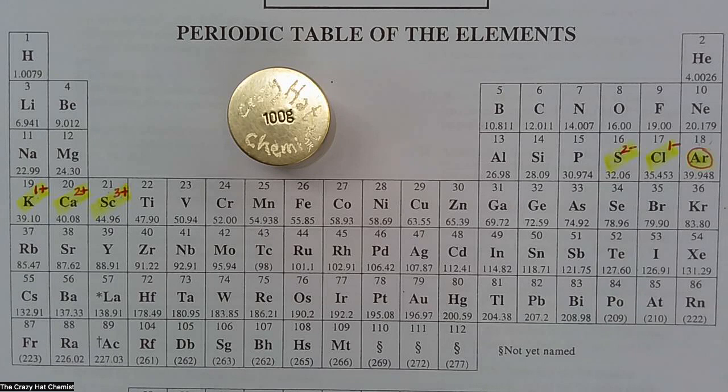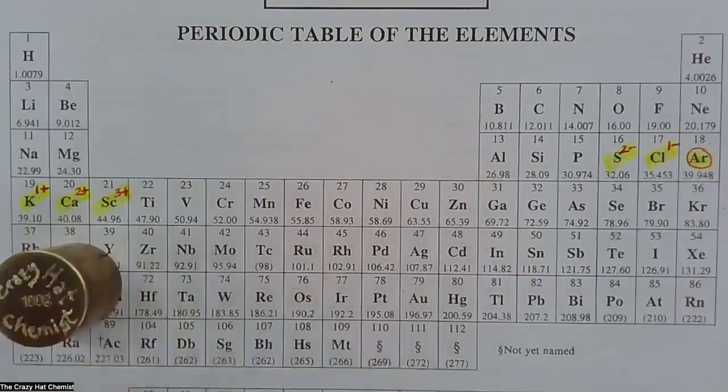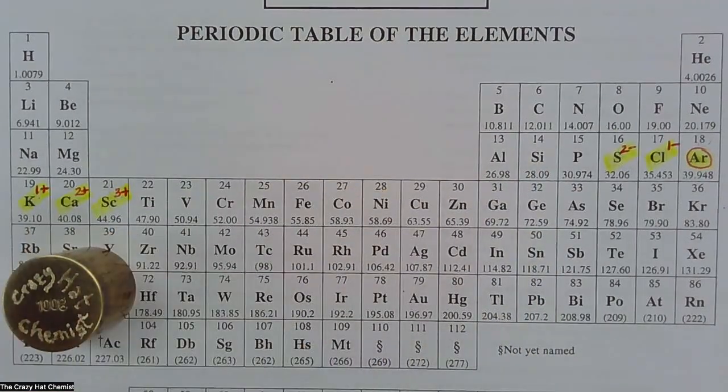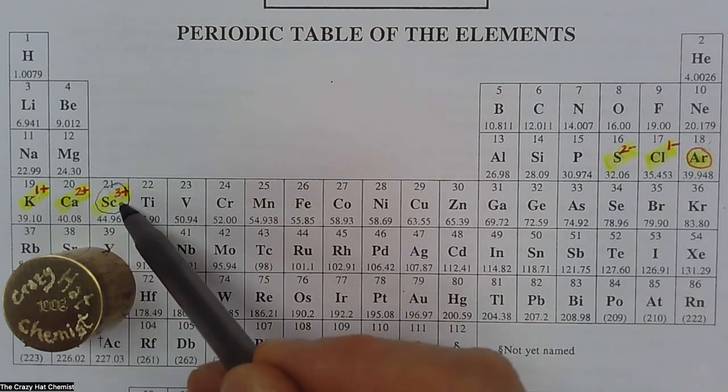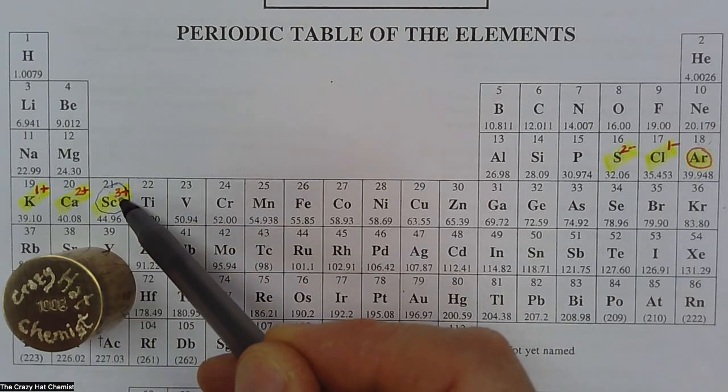If they are isoelectronic, and they are in this example, we are going to order them by increasing size. What is the smallest? The smallest is the one with the largest cationic charge, which is 3 plus.